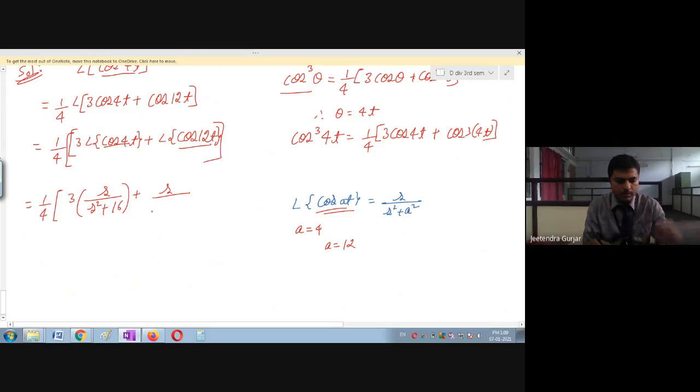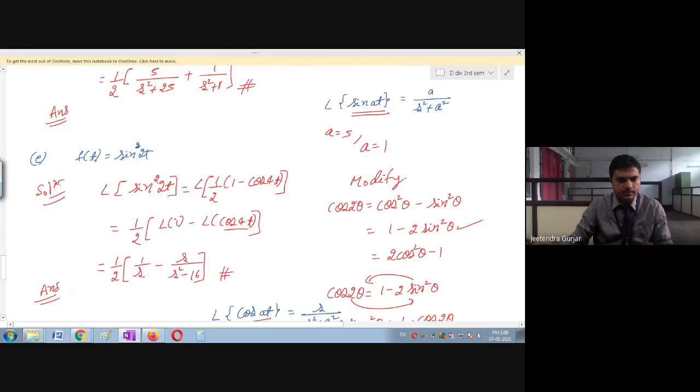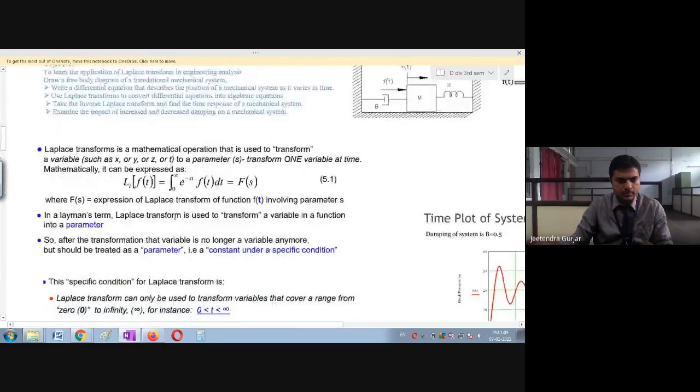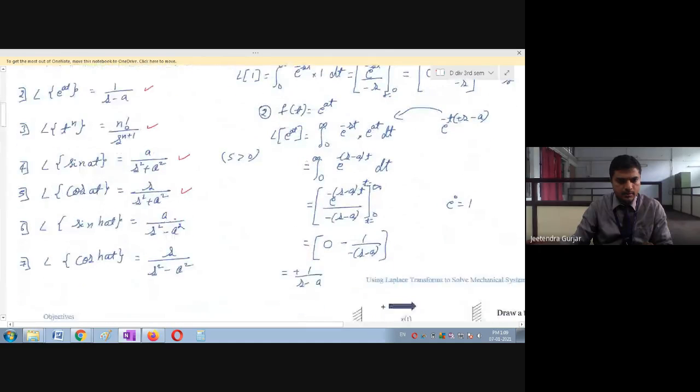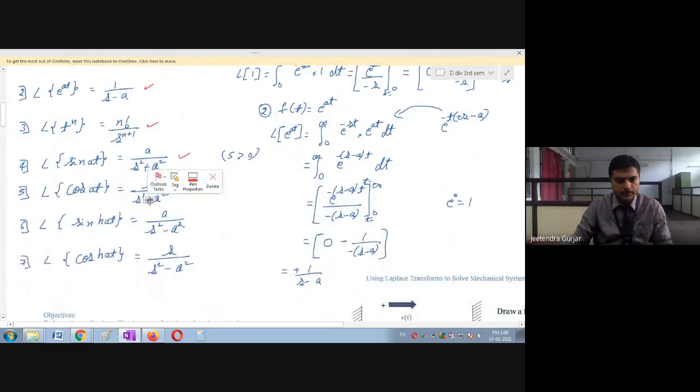So therefore this is going to become s square plus 12 square. 12 square you can write directly, it is 144. So please see. Okay, sorry.